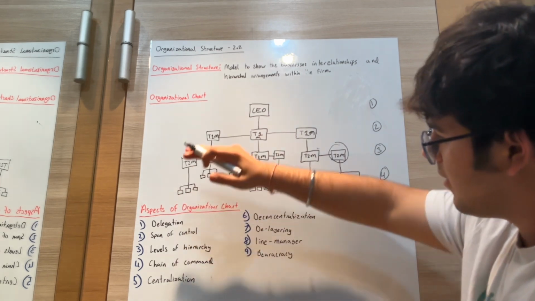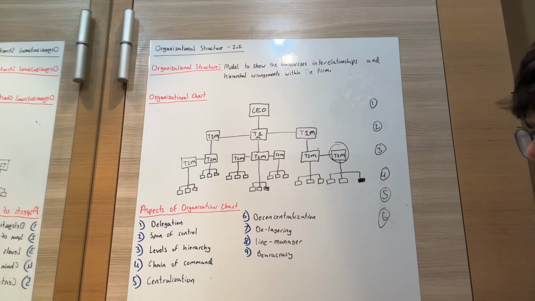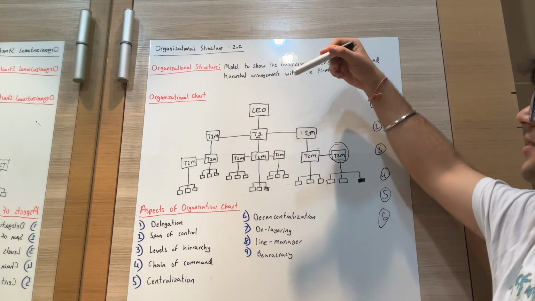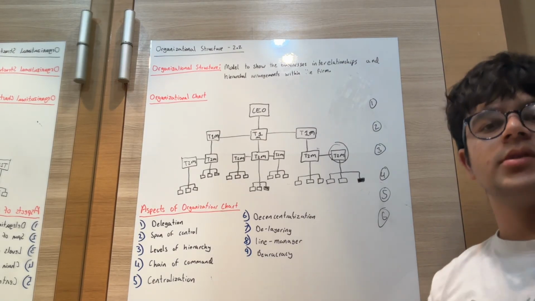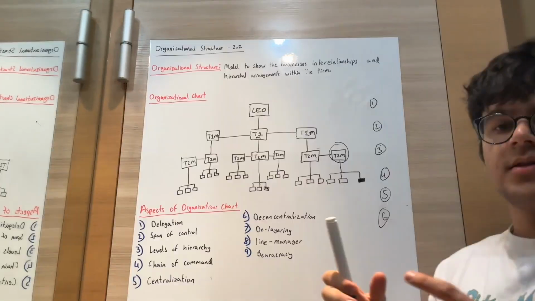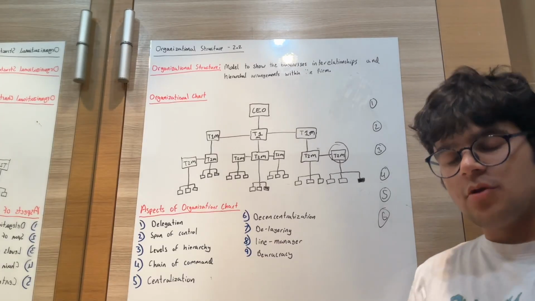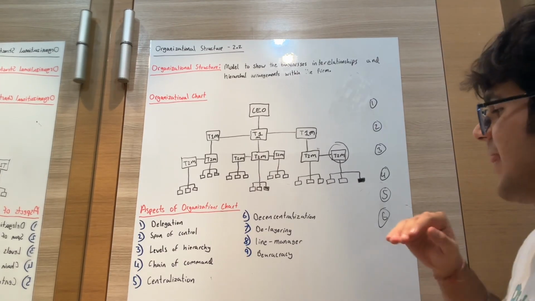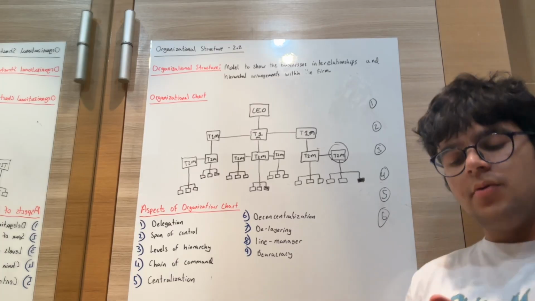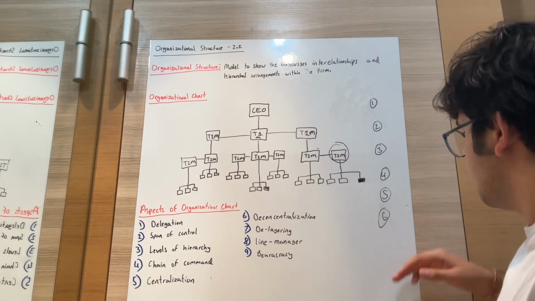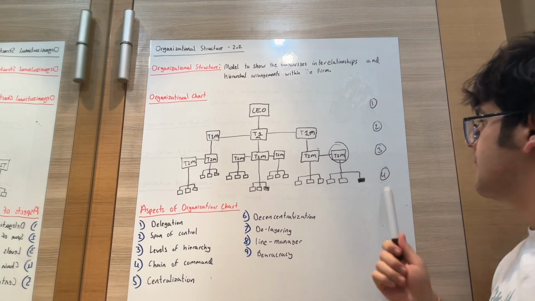So when you have lots of levels of hierarchy, like let's go back to these 6 levels, you're going to have lots of bureaucracy, because you're going to have so many files, so many different admin processes you need to go through in order to talk to people, in order to make decisions, in order to make change, because you have to look at so many different other things. And that is quite a bad thing, because it takes so much time. It makes employees feel bored and unmotivated. So that is a traditional organizational chart.